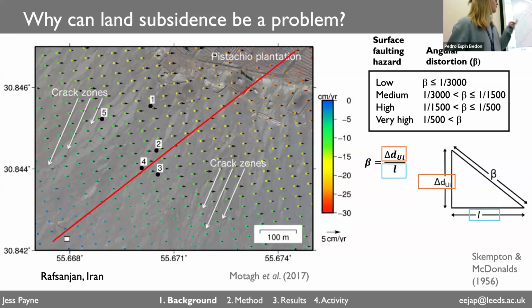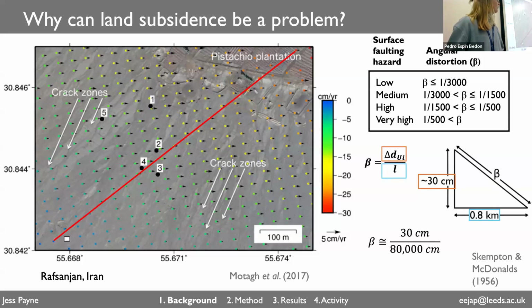Depending on the value of beta, there are pre-existing categories of this angular distortion in the literature, so low, medium, high, very high, from engineering literature really. So you can begin to classify what the subsidence gradient is and how severe that is, what damage that could cause to buildings and infrastructure. So here we have about 30 centimeters subsidence gradient over about, I don't know, 80,000 centimeters. So we have the medium level of angular distortion. So it's quite severe.